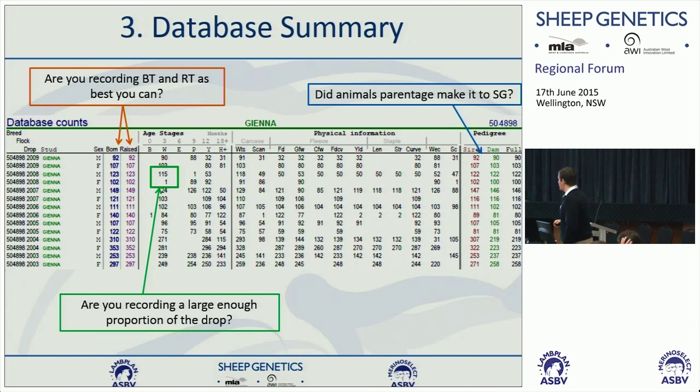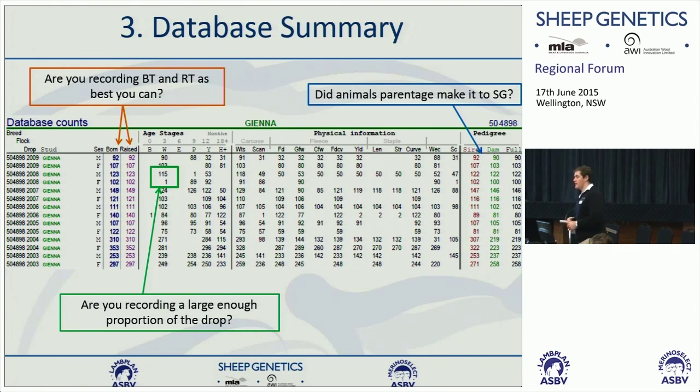Okay, next point, are you recording a large enough proportion? So you can see here, we've started off with 123, and then we've only recorded 115 at weaning age stage. So in between that stage and that stage, we're missing almost 10 animals.